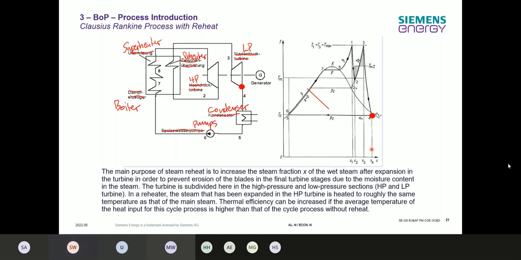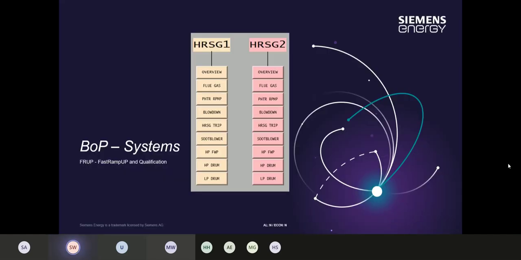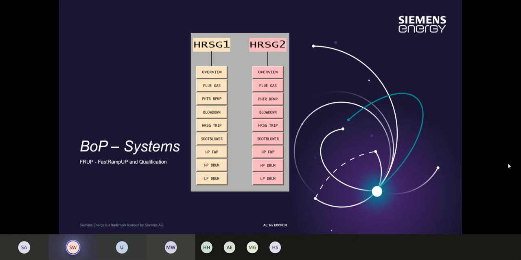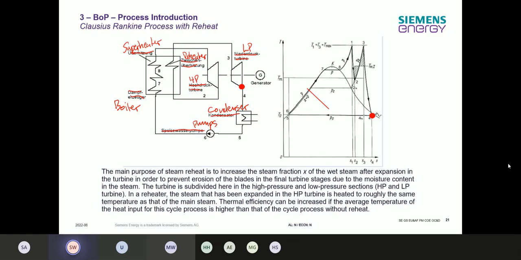And then we have now more or less the basics, so the introduction with the basic processes we have behind us now. And then we are getting into the systems. Are there any questions from your side before? Or so far everything clear?